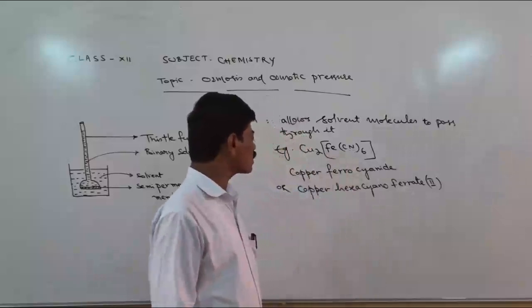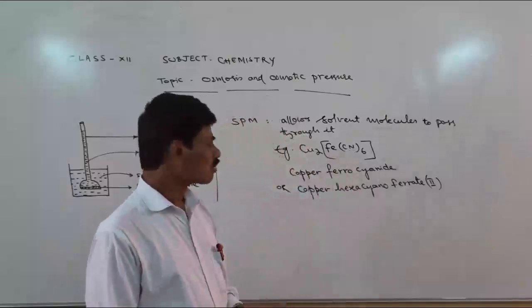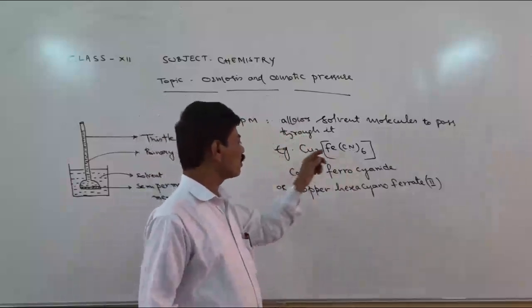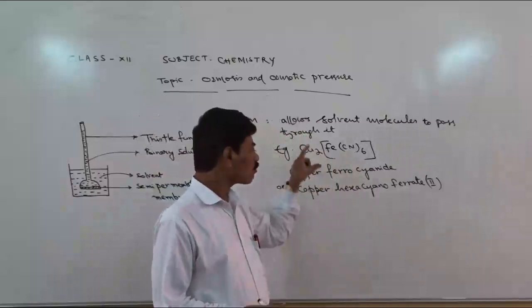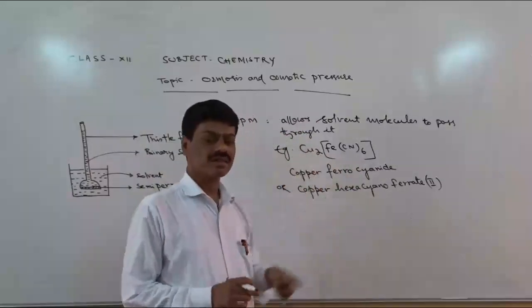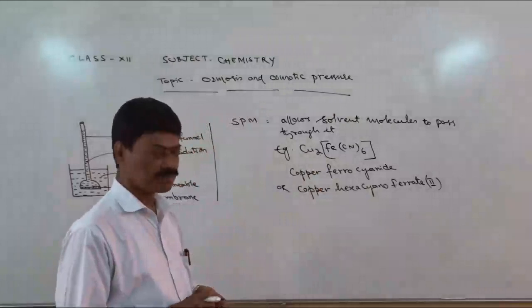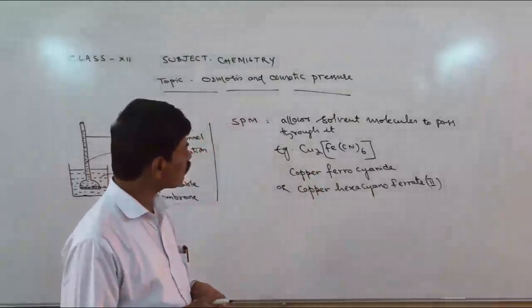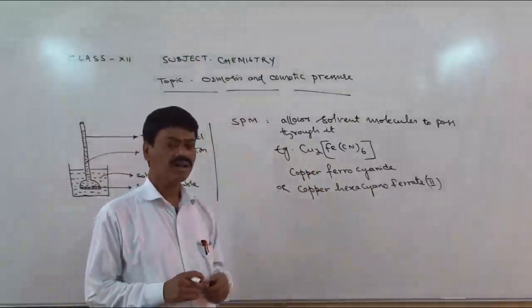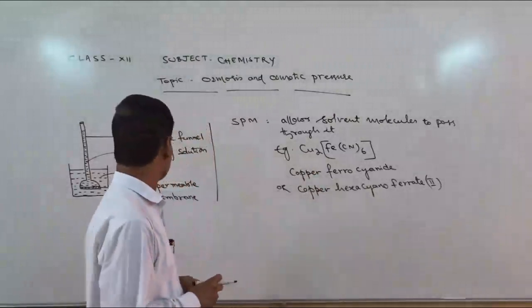Here the roman number 2 stands for the oxidation number of iron. This is the popular example. This is a gelatinous precipitate, and this gelatinous precipitate is used in making SPM, that is semi-permeable membrane.